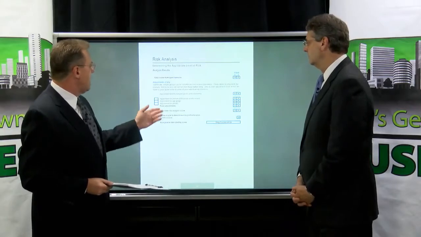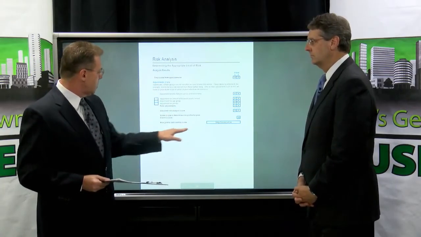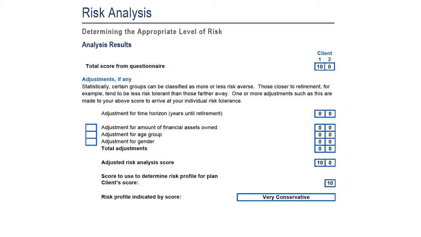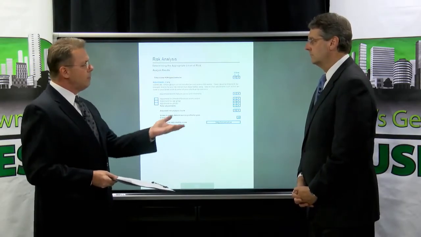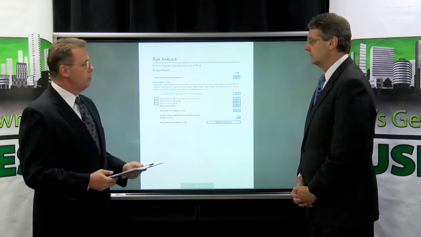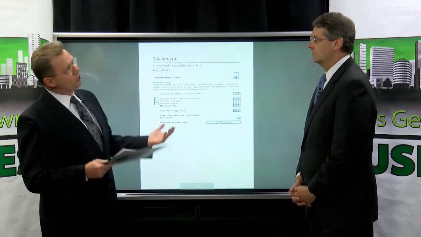In this case, we add up a score and we come back to the client's risk profile and it says he's very conservative. If he's very conservative, I might look at par. If it's kind of just conservative but not that much, I might look at par or current assumption UL. There are different reasons why we're going to go this way. But we're now doing risk tolerance because people, and Mike, you see this all the time in the annuity department, ask: should I do index or should I do variable annuity?